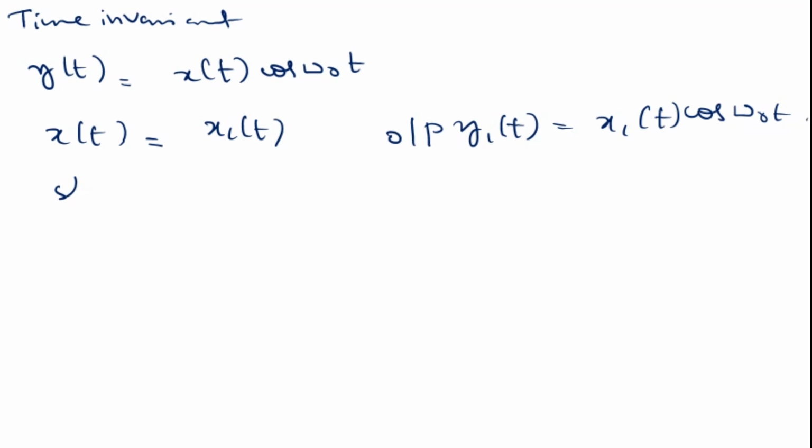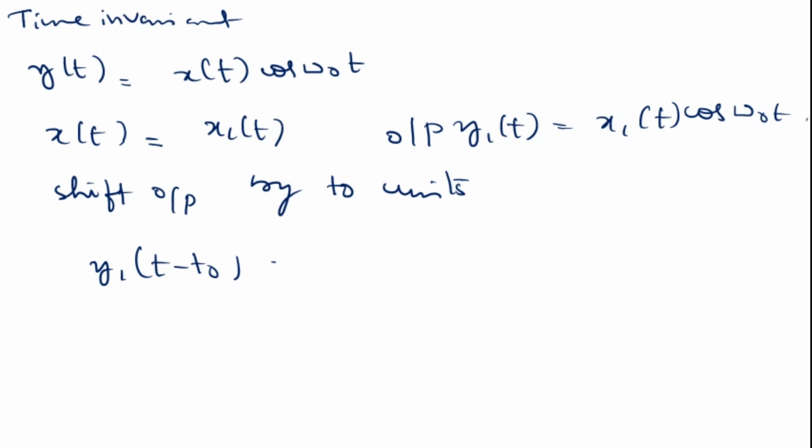Then we have to shift the output by t naught, then y1 of t minus t naught is equal to x1 of t minus t naught into cos of omega naught into t minus t naught.